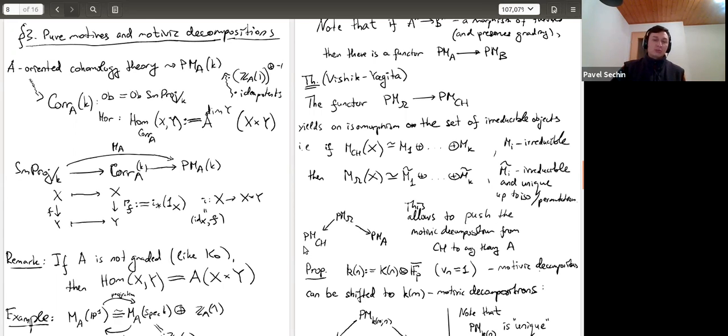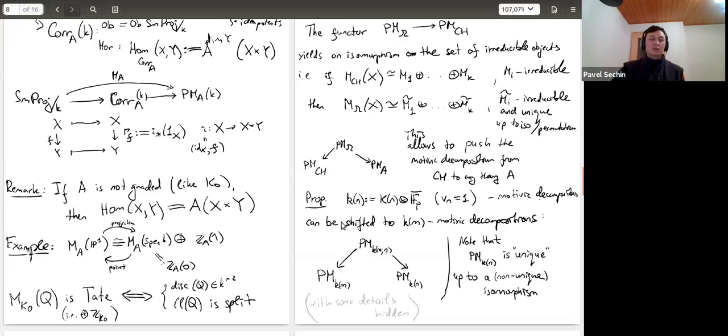So the motivic decomposition, meaning how many irreducible direct summands there are in the motive of X, is somehow most difficult for Chow groups, as we have already seen in the case of the quadric, and the K0 decomposition of Q is simpler than for Chow groups. This is a very general fact that the Chow motivic decomposition is the strictest, I guess, or the weakest, depending on your point of view.